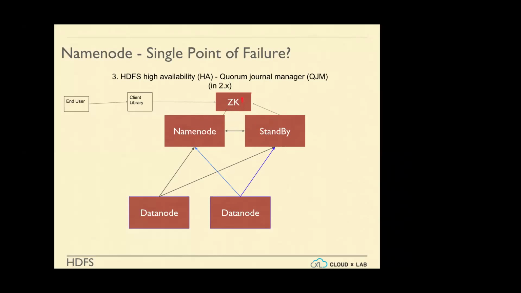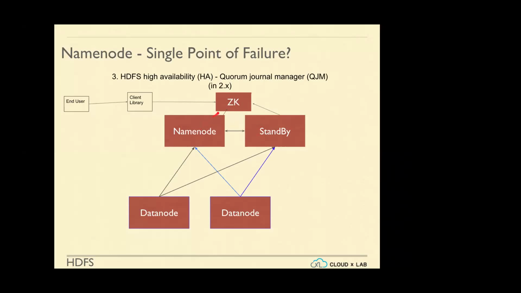Let's say these are server 1 and server 2. Both of them will keep on checking the ZooKeeper. If the current active name node is dead, then they will write their name. So that's the logic. The logic in both of them is exactly identical.